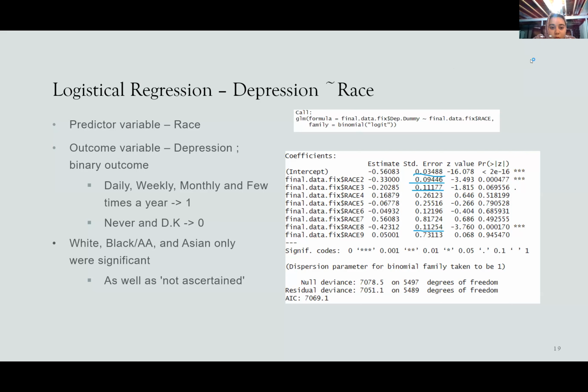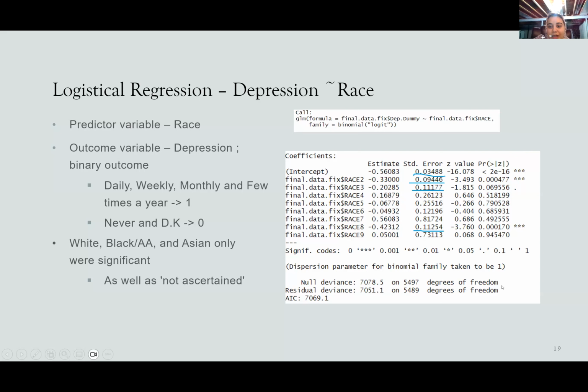Same again for white, Black, African American, and Asian, they were all significant, and again not ascertained was also significant, but they were significant at different levels. So white was a lot more significant than Black, and Asian American was only significant at a 0.05 p-value.